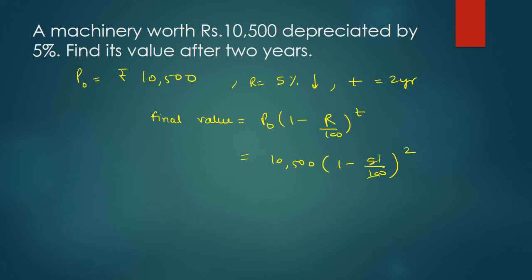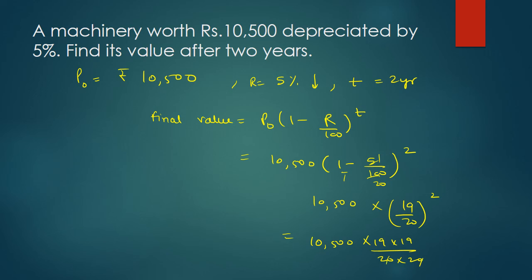5 2s are 10. 10,500, 20, you have to take LCM. 20 ones are 20 minus 1, 19 by 20 whole square. So 10,500 multiply 19 into 19 divide by 20 into 20, right?